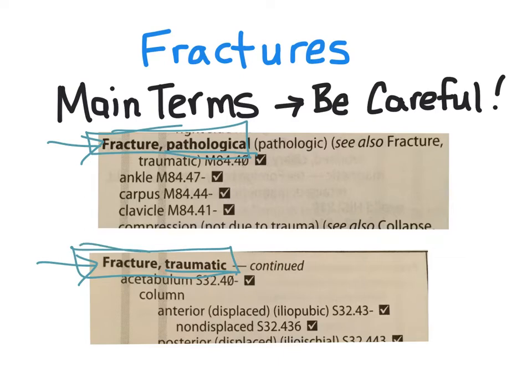So be careful when you're coding for fractures. Make sure you're looking within the correct main term. In regard to stress fractures, if you ever need to find a code for a stress fracture, those are actually found under the main term of fracture traumatic, but they're just listed as a subterm under fracture traumatic. So if you're ever looking for that, now you know where to go.